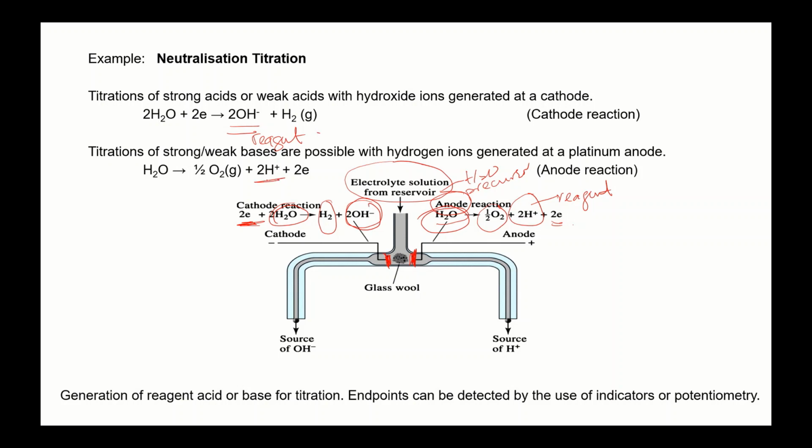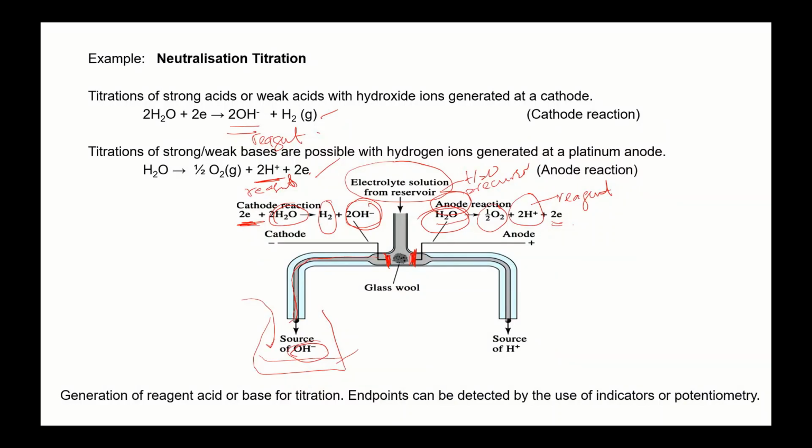Okay, so this is the reagent at the anode, for the reduction of water and oxidation of water. So at this side, the reagent, which is hydroxide, will go out as titrant, and you can put your sample here in the volumetric flask and put indicator.